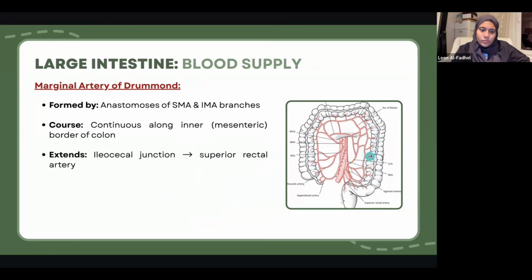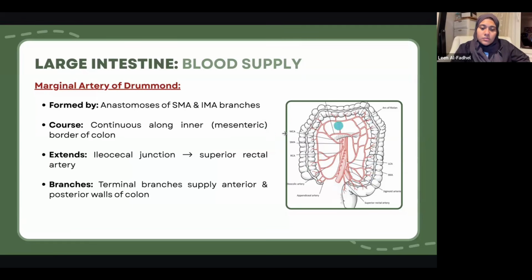Okay, and it extends from the ileocecal junction, which is right over here. Remember, the ileum runs over here next to the colon, next to the cecum. So from here all the way to where? To the superior rectal artery.